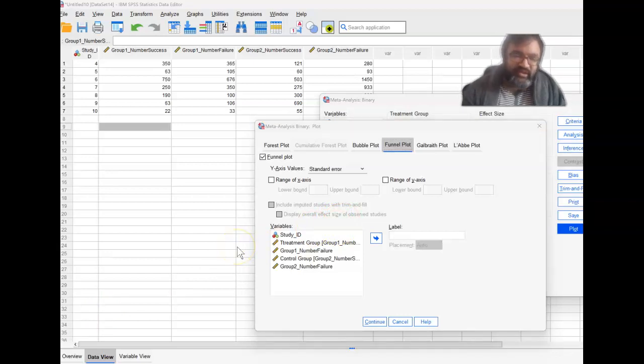So just to continue on, the funnel plot is actually important because it assesses for publication bias. So what you have is this is measuring precision and the effect size based on the precision, and I'm going to explain this a little bit more in a moment once we run this data set here.